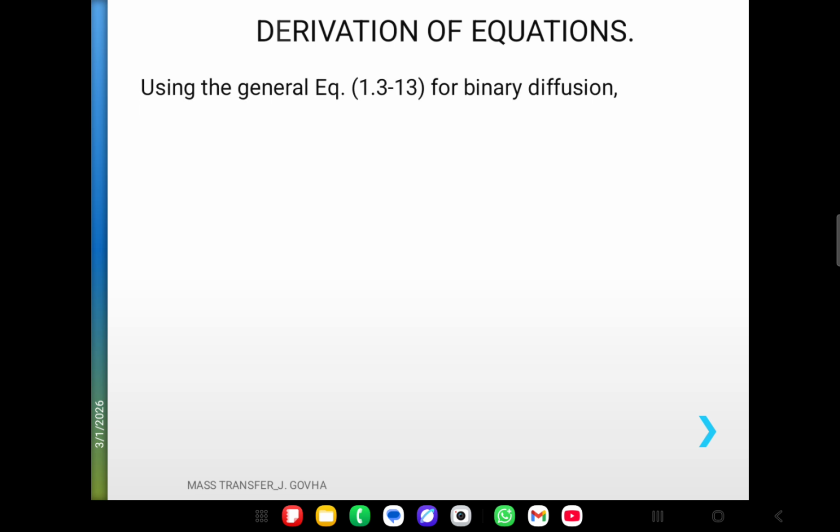Right, let's look at the derivation of the equation. So that is the general equation: NA = YA(NA + NB) minus C DAB dYA/dz.